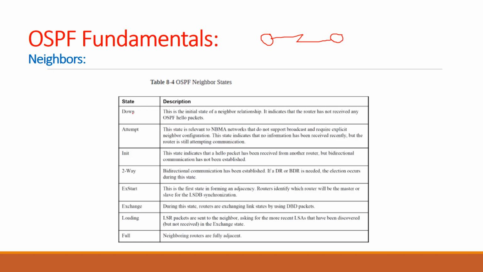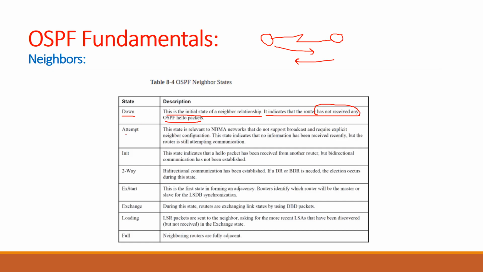The first OSPF state is down, and its description is that this is the initial state of a neighbor relationship. It indicates that the router has not received any OSPF hello packets. Before sending any hello packets between the routers, they are in the down state.